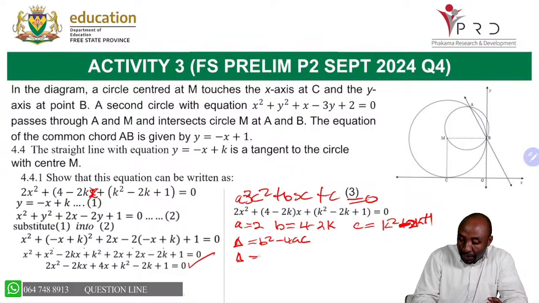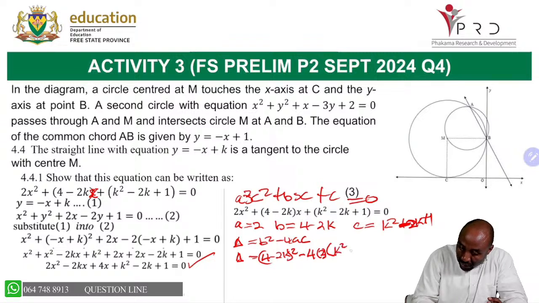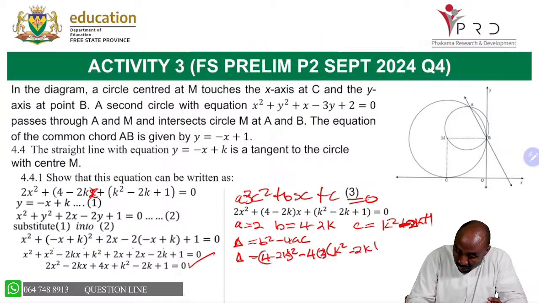So our delta becomes (4 minus 2k) squared, minus 4, our a is going to be 2, our c is going to be k squared minus 2k plus 1.